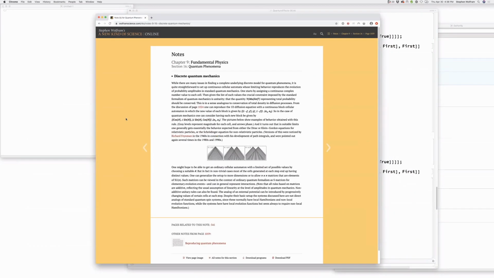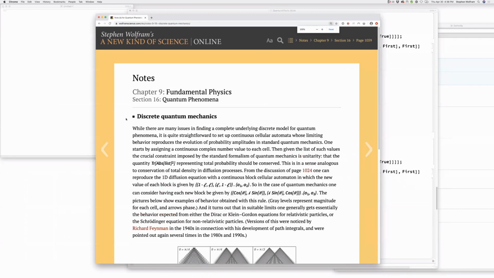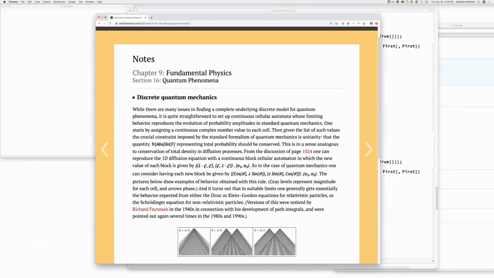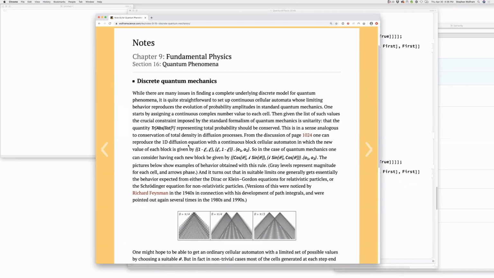This was a claim about, this was kind of the new value of each block is this. I see, that's just taking probabilities with weightings. I don't know whether this is related.